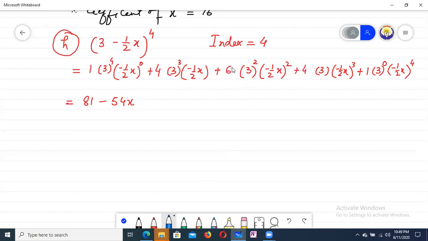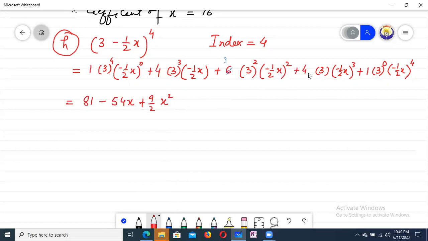From this 6 we can cancel. 3 2s are 6, and 1 2 cancel. Here is 3 square, 9 divided by 2, and this minus cancels with the square. Here will be plus 9 divided by 2 x square, as this square will be on x as well.